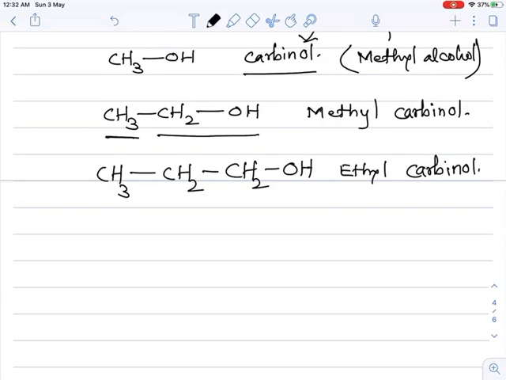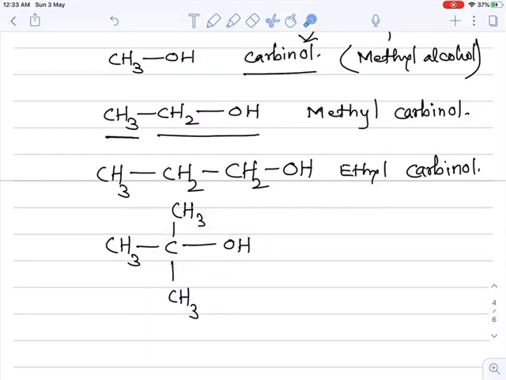If we take one more example, a 4 carbon containing alcohol, this one, what is its name according to the carbinol system? Same thing, you observe, this is the carbinol, the one carbon containing alcohol, the methyl derivative of alcohol.